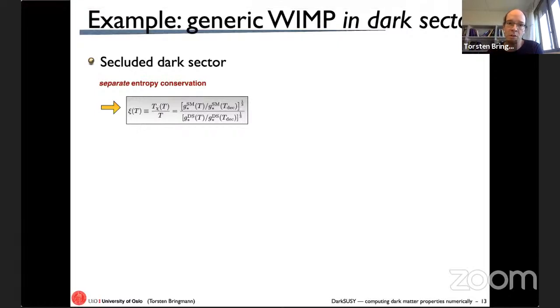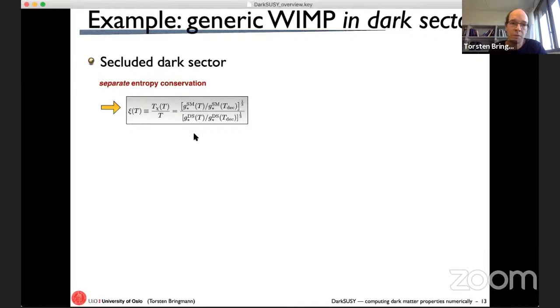Now, a special case that is also implemented is that we have a completely secluded dark sector, so that the visible sector and the dark sector have been in thermal contact at some point, but then they decoupled, at a temperature which I denote as T decoupling here. If they are completely decoupled, it means that entropy is conserved separately in the visible sector and in the dark sector. You know that from the visible sector, but exactly the same argument holds for the dark sector as well.